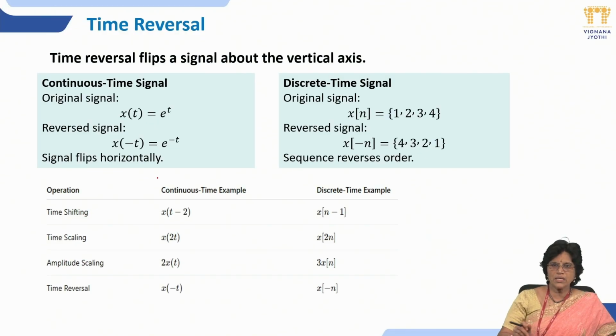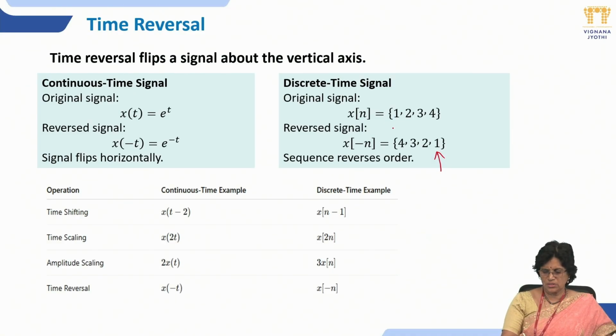See here clearly. x of n has 1, 2, 3, 4. Because of the flipping, here actually this is wrong. You have to keep this as an arrow. This is your flipped signal. During this case, 1 stays as it is. In the previous case, 2 is at position 1.